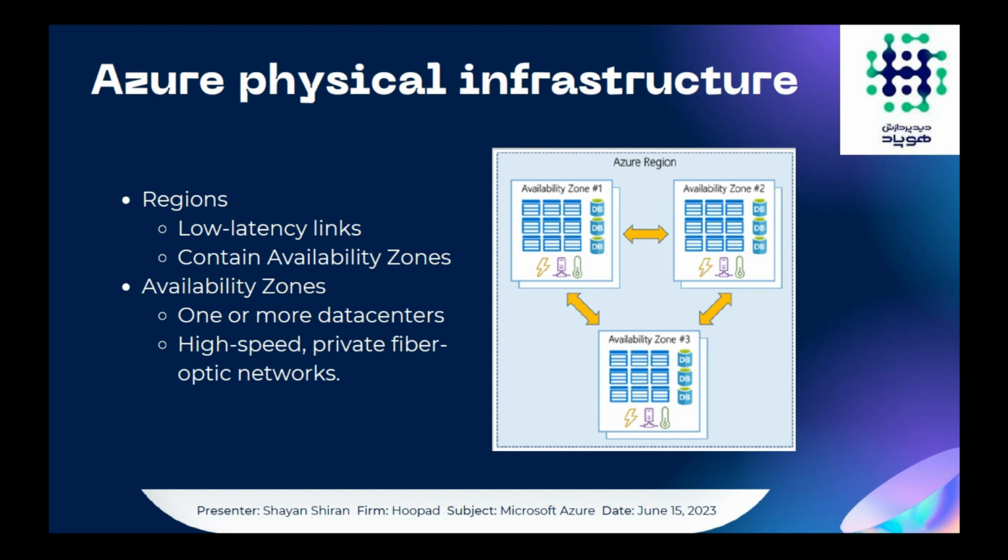You have data centers inside each availability zone, and you can have one or multiple data centers inside an availability zone. The availability zones are connected through the highest speed private fiber optic networks. And again, it's better to have, for example, three or four data centers in an availability zone.